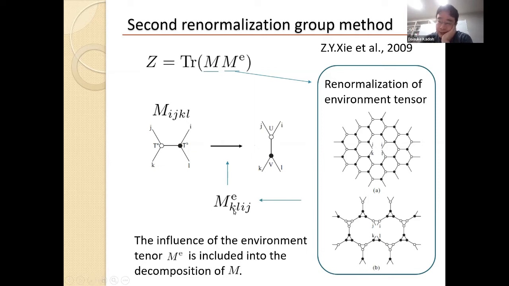Once ME is obtained, the influence of the environmental tensor is included into the decomposition of M. So this decomposition of rank 4 tensor is locally carried out, but in this sense, the global information can be included in this local decomposition. So the accuracy of numerical results is improved by the second renormalization group method.